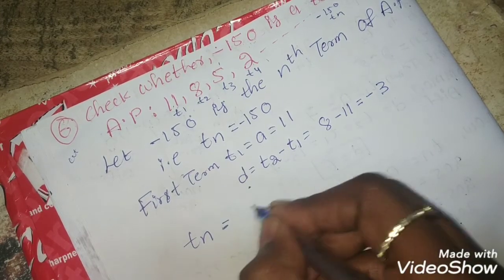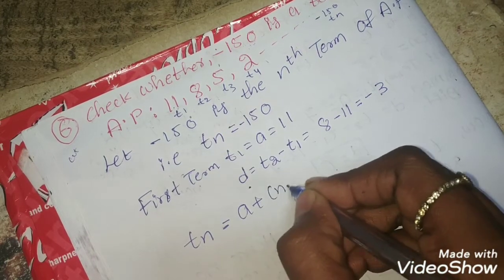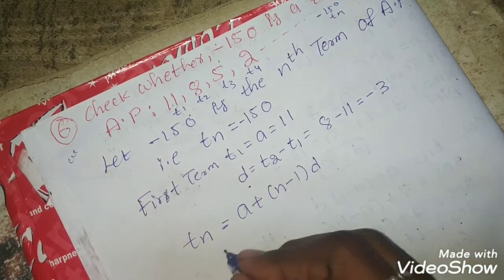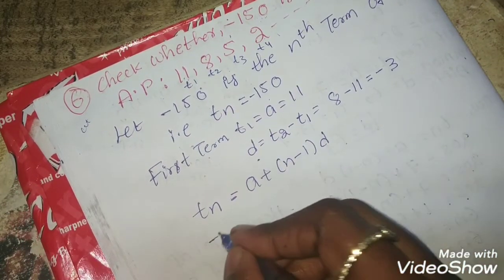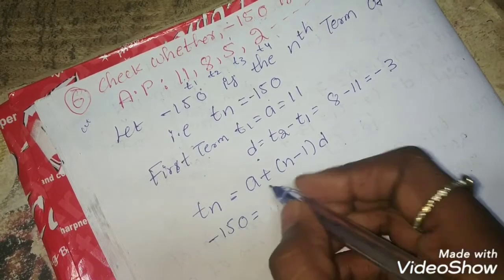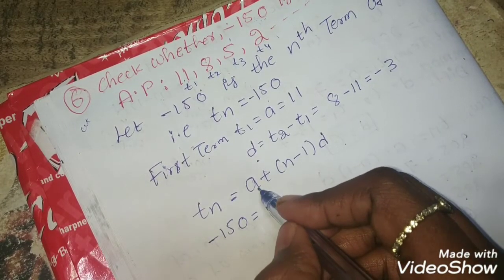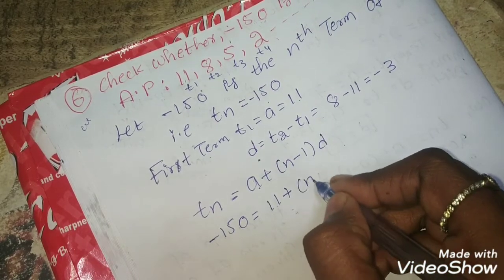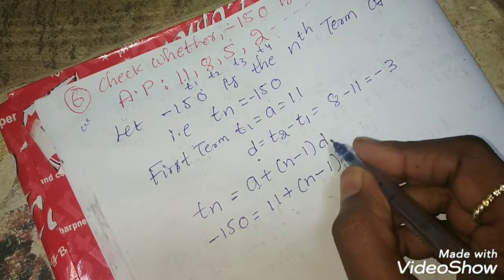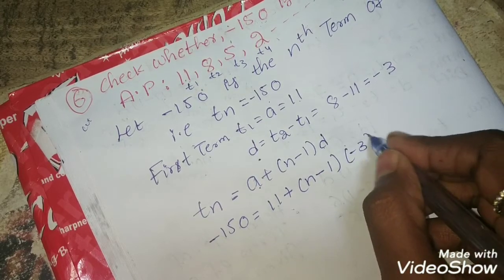Tn is equal to the formula a plus (n minus 1) into d. So what is our assumption? Tn is minus 150. Minus 150 is equal to 11 plus (n minus 1) into minus 3.